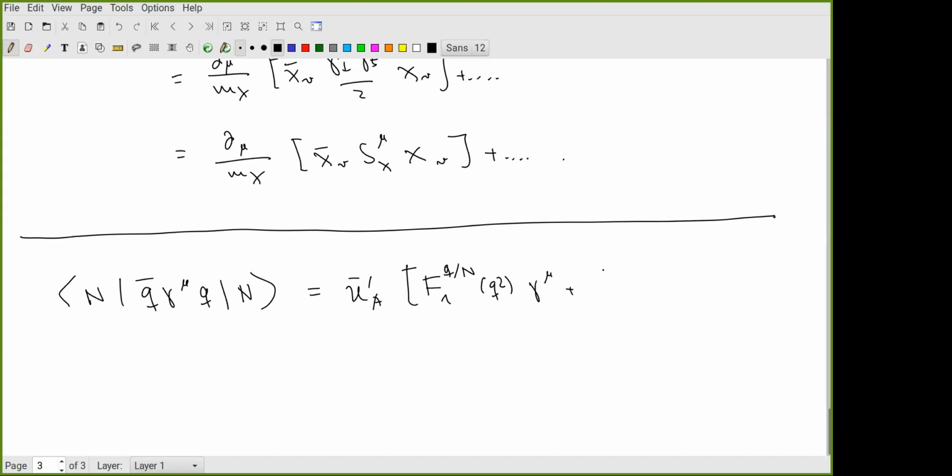Then there's a second one, i over 2m nucleon, another function, and another structure. q is the momentum transfer. So you can always parameterize these matrix elements like this, and then in principle you could measure these functions.